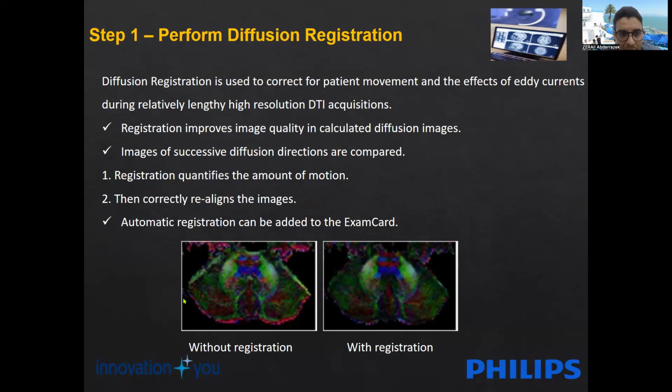By applying diffusion registration, you can get a good image quality in the diffusion image, and the images of successive diffusion directions are very good. The registration can also quantify the amount of motion and align the images, given by an automatic registration to be added in your exam card. So you can find this in your exam card.